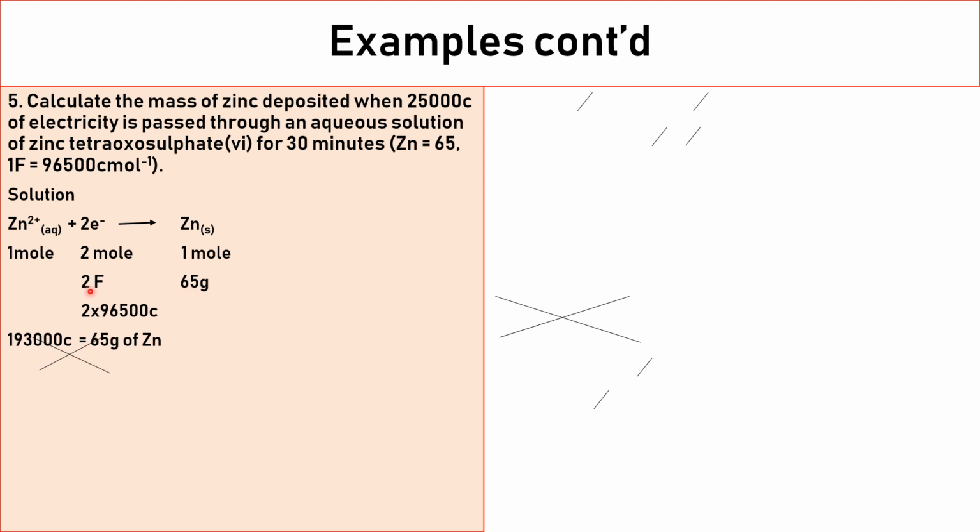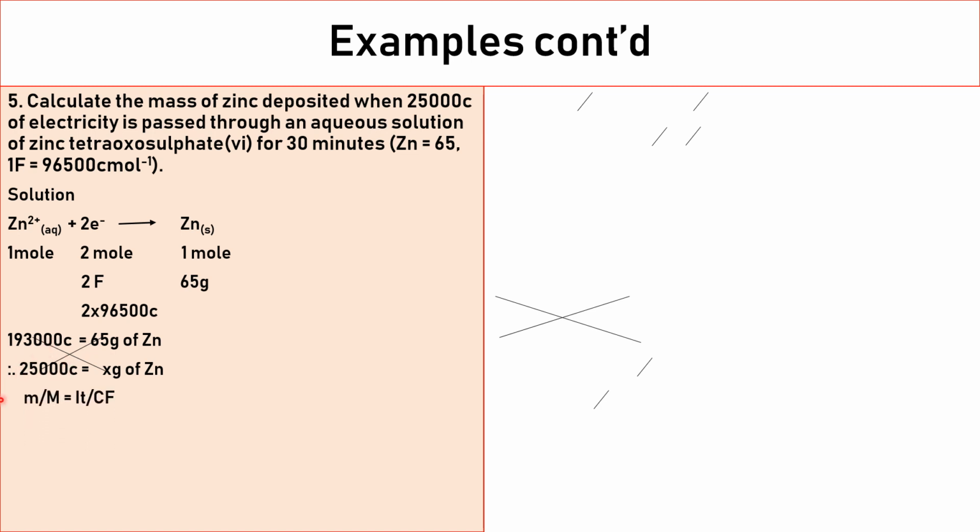So 2 Faraday is equal to 2 times 96,500 coulombs, that is 193,000 coulombs. You can punch your calculator, you get that. So we have 193,000 coulombs equal to 65 gram of zinc. That is, 65 gram of zinc requires 193,000 coulombs of electricity.